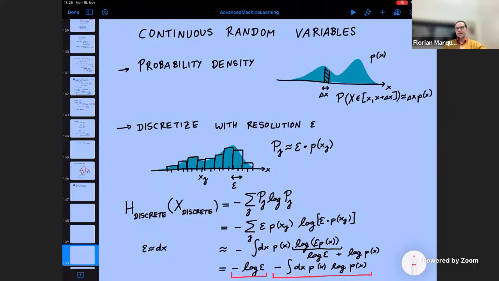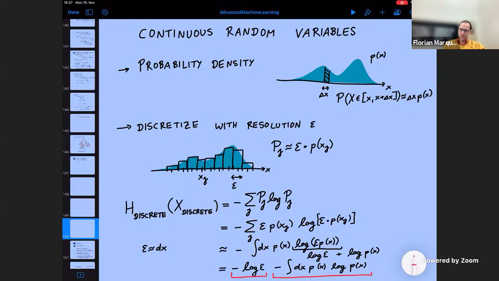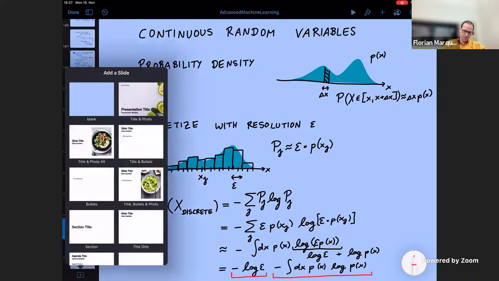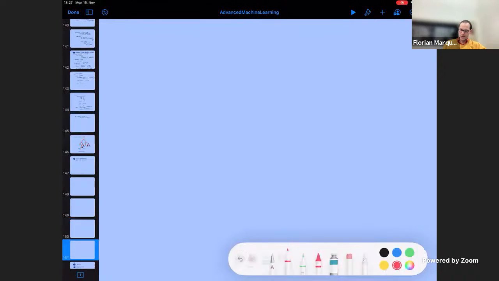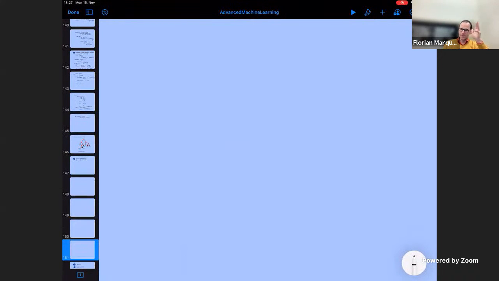And this will come back and will be important in a moment. But for now, let me just use this formula for a sufficiently small but still non-zero epsilon. And let me use this formula as inspiration to say I keep the second part and I define it as what people call the differential entropy. I can do that. I just need to keep in mind that there was this funny other term.